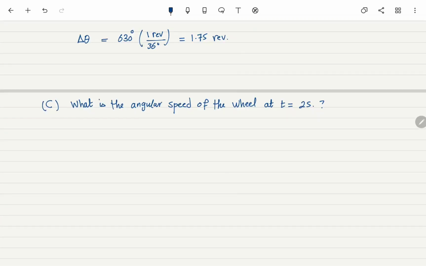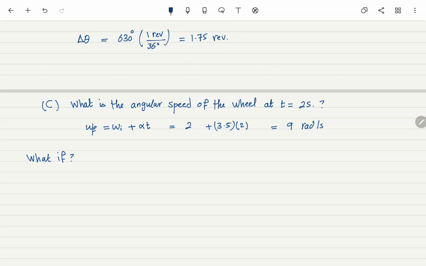Now what is the angular speed of the wheel at t equal to 2 seconds? Omega final equals omega initial plus alpha t, in numbers 2 rad per second plus 3.5 times 2 seconds, which equals 9 rad per second.